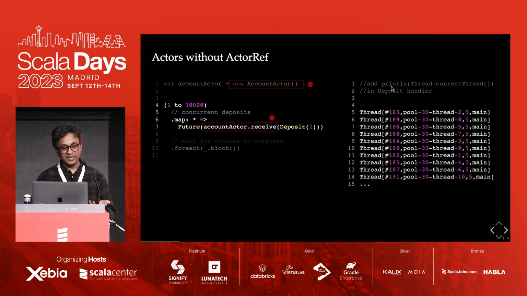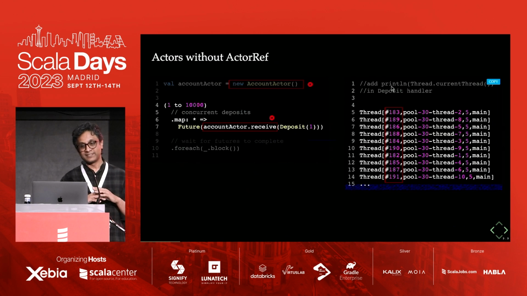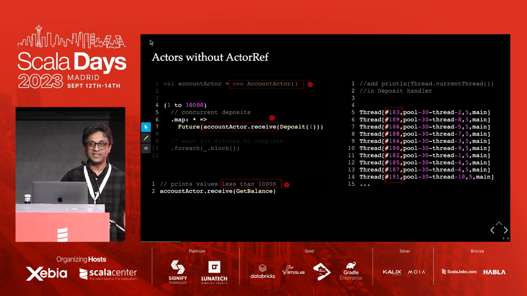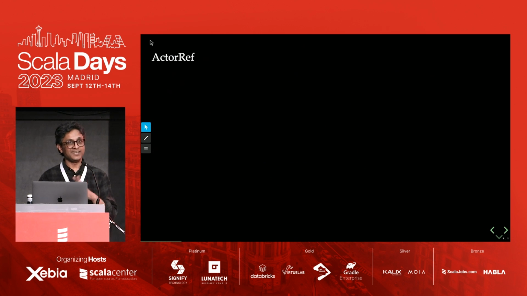And if they do it concurrently, then for these thousands of requests, that many different threads will be trying to update the state. And that's why if you do it 10,000 times, and then try to get the balance, there will be a race condition, a lost update, and you will get a count less than 10,000. So we'll quickly have to do something about it and implement the ActorRef.